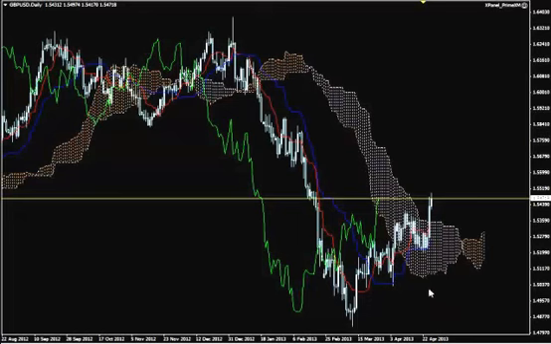If that's not too much for you, we always want a barrier between our entry point and our stop. We want a barrier between them. So one barrier is the upper border of the Kumo, but it's not a very strong barrier.